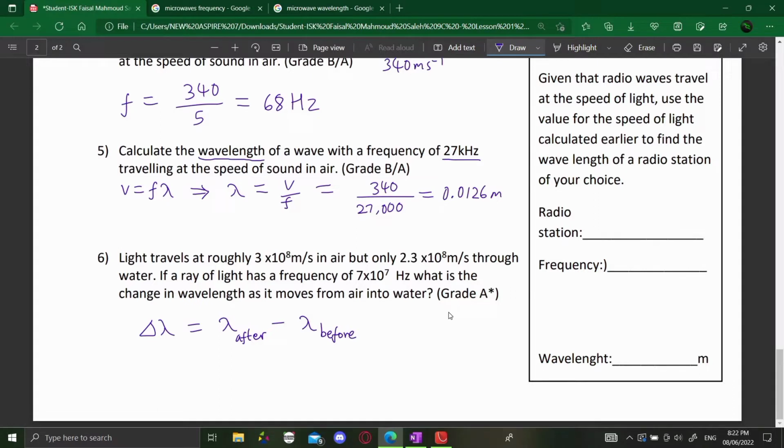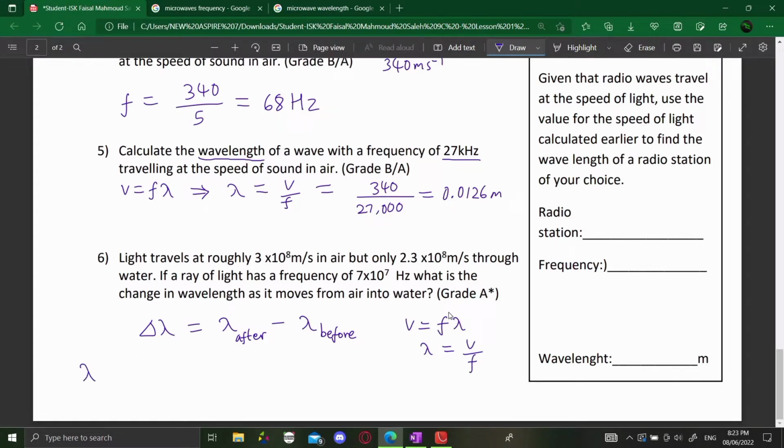So the wavelength after is just going to be the wavelength in water. V is equal to F lambda, and lambda is equal to V upon F.